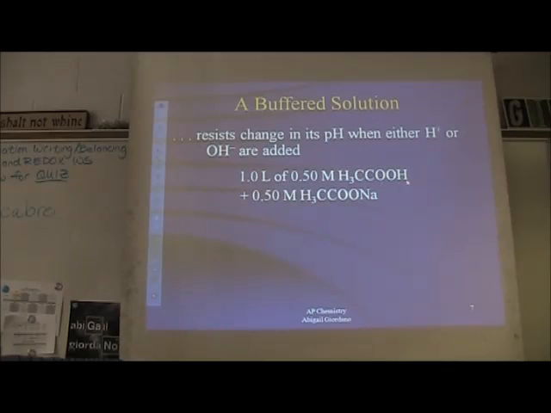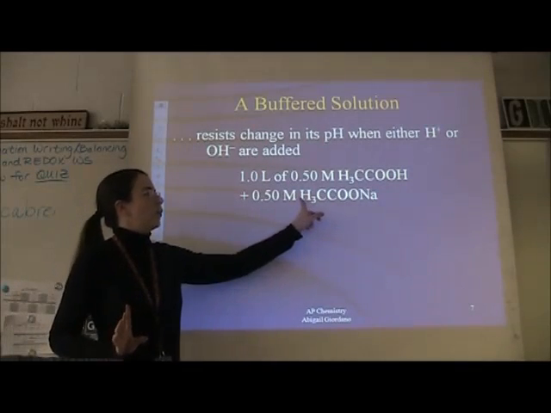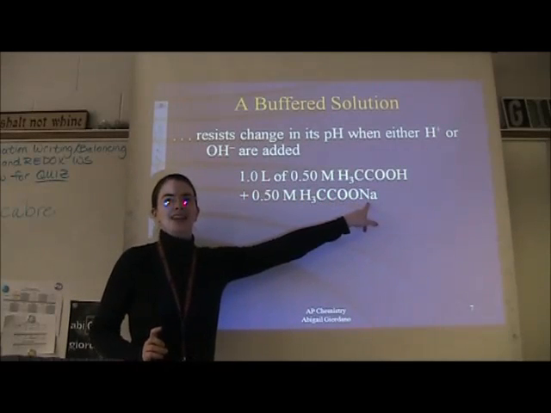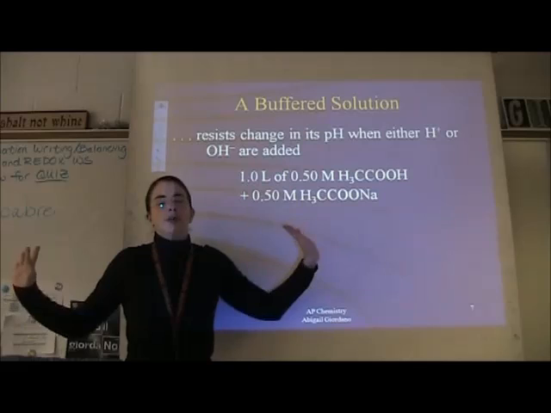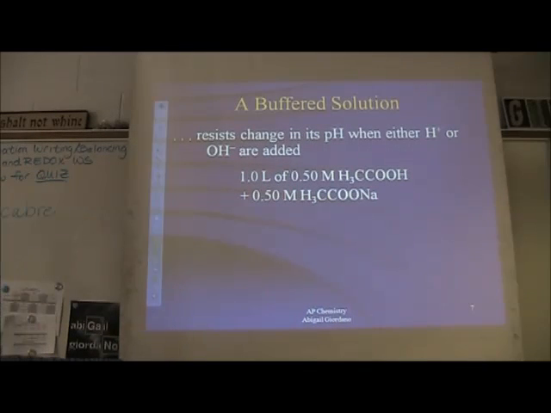What about this, as bizarre as this looks? Sodium acetate. Don't ask me why, for whatever reason, when acetate is your anion, sometimes they put the metal at the end. I have no idea why. It's one of these little weird oddities of chemistry. Is this a buffer?